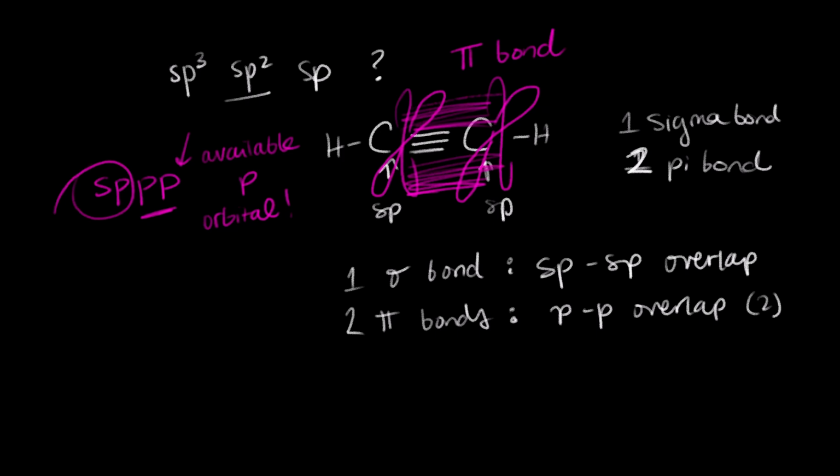So we have 2 available p orbitals on each carbon. So it's a total of 4 p orbitals, but it's 2 pi bonds because those orbitals are going to be interacting, right? And that's going to be the 2 separate pi bonds.